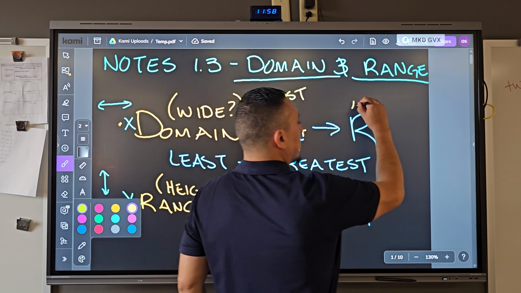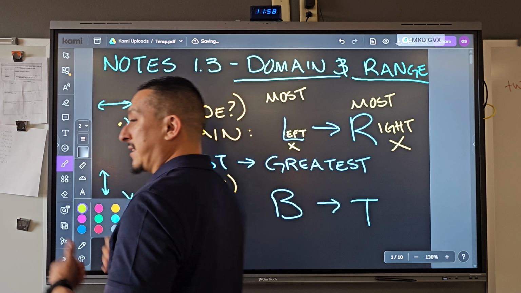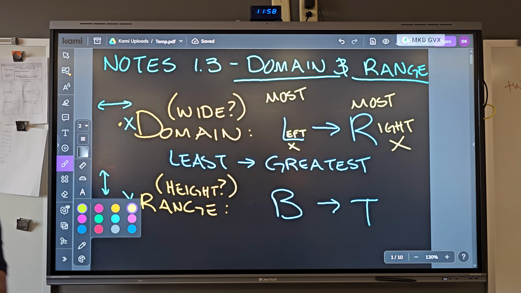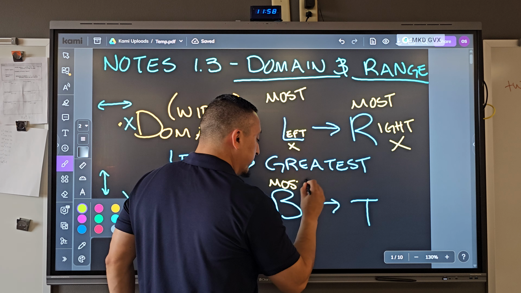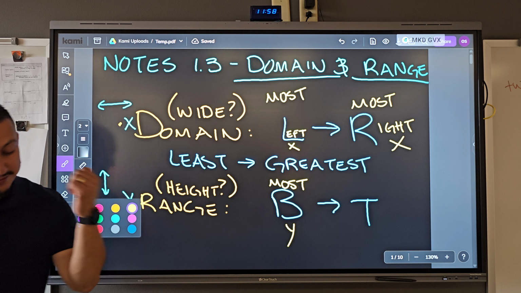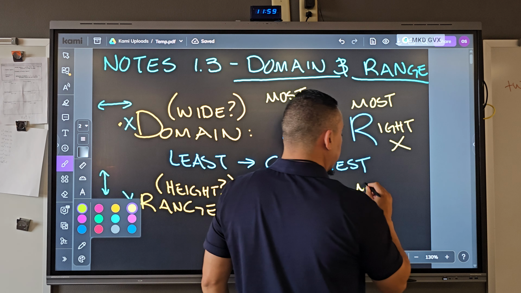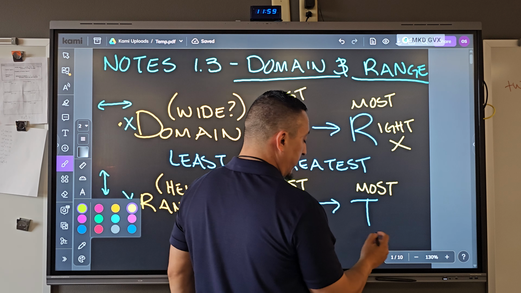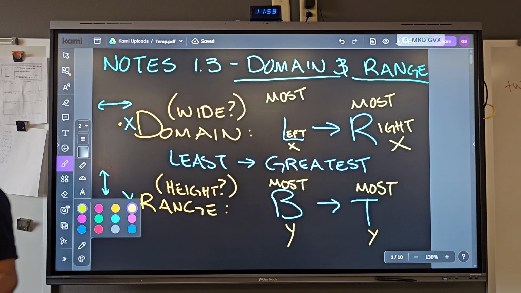The most right X, that's the number that goes there. This one's the most bottom Y, the lowest. And this is the most high or tall, top Y, or highest Y. That's how you measure, in simple words. Most left to most right, most low to most high. Any questions so far?